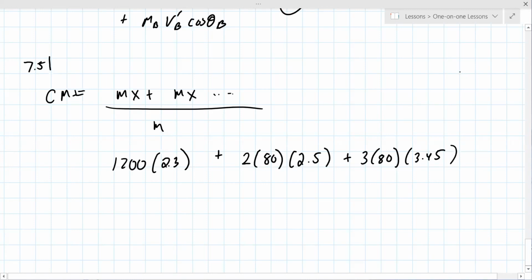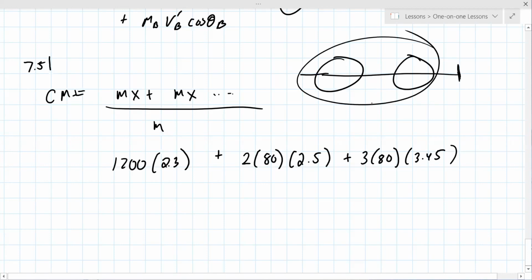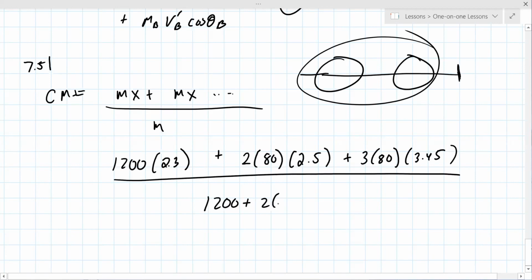So we're just doing it from the front of the car here. There's the front, there's the first group of people, there's the second group of people, and then there's the actual mass of the car at a certain position, all over 1,200 plus 2 times 80 plus 3 times 80 to get your center of mass. Oh, okay. I see what you did there.